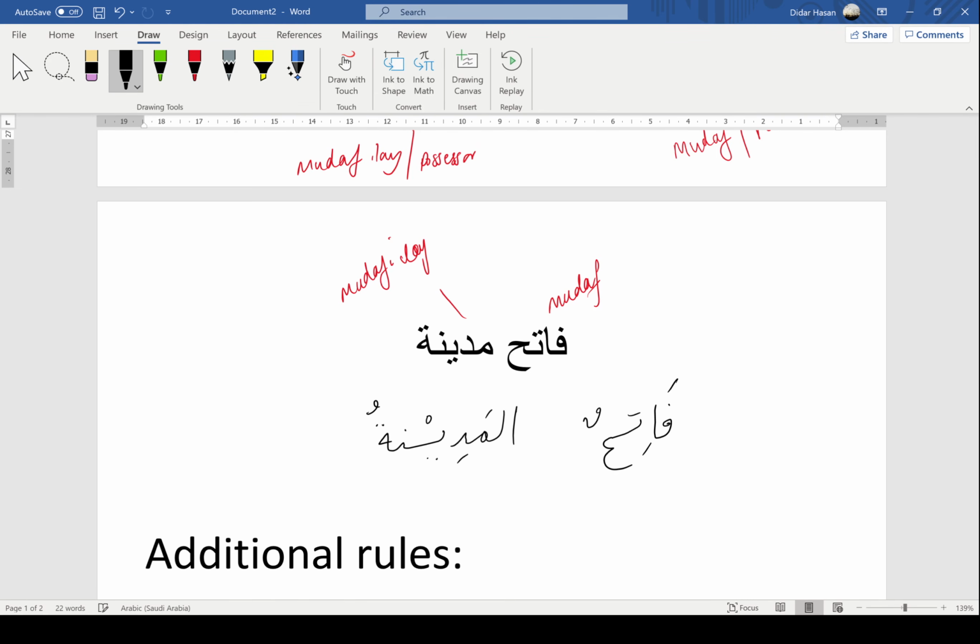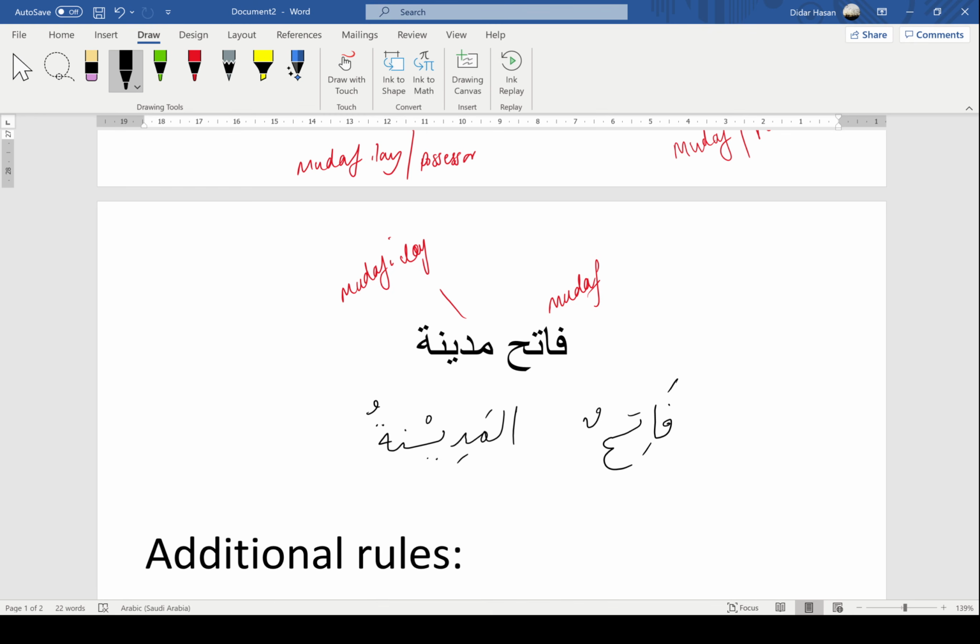Okay, now we apply the mudaf ilayh structure to it. So the possessed, which is the Fatih, is given one dhamma, and the possessor, which is the city, so the conqueror belongs to the city, the conqueror of the city, will be given one kasra in this case because of the alif lam.